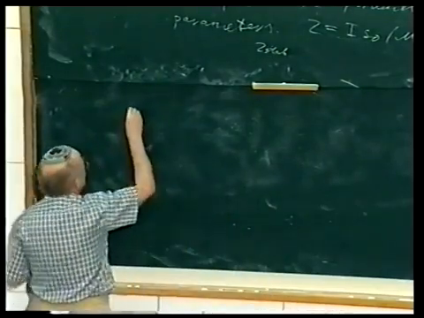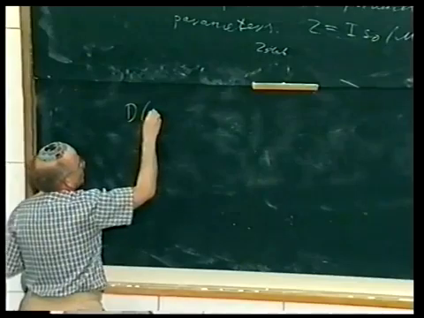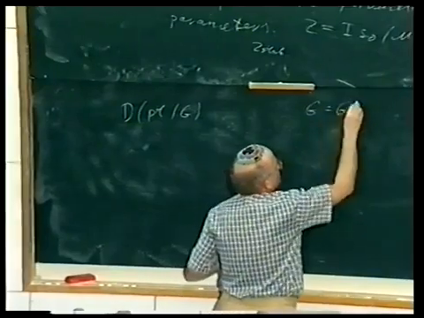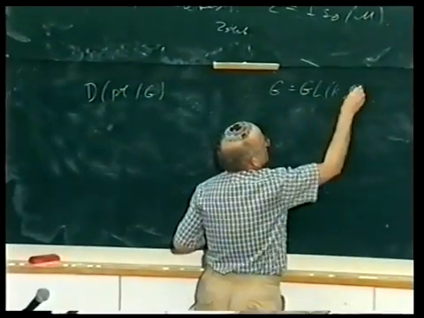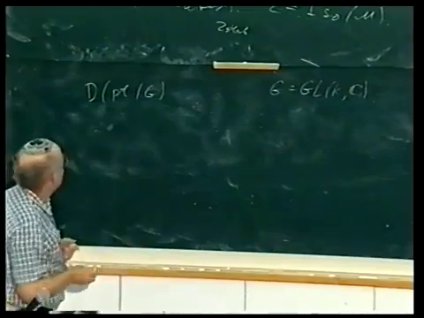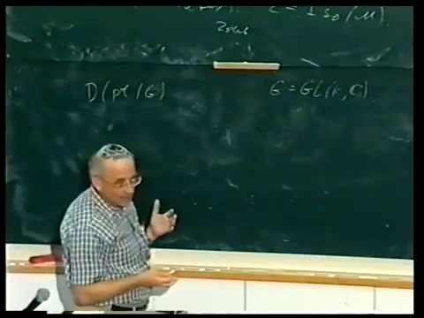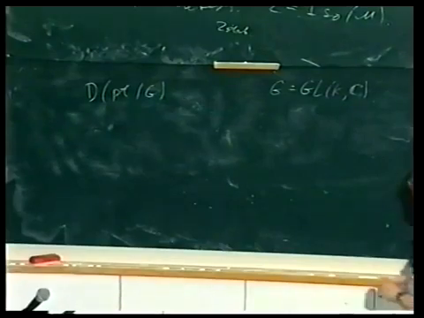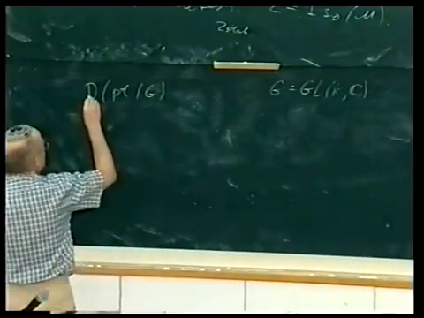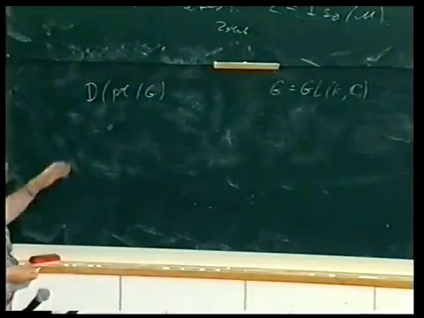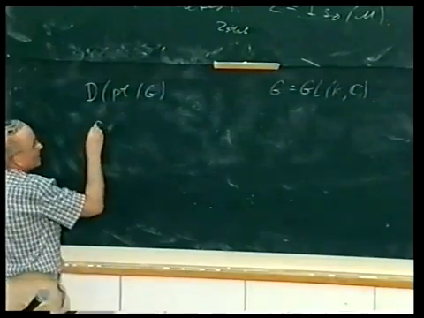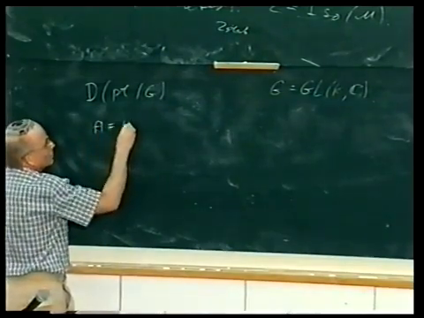Namely, I want to consider the derived category of a point modulo G, where G, for instance, is JFK. So this is some concrete category. And the first thing which I want to do is to have an explicit, plain algebraic description of this category. So it's more or less clear that this is somehow connected with the equivariant cohomology of J. And so let's consider the algebra of equivariant cohomology.